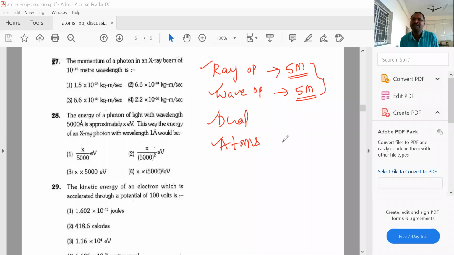So if you perfectly read these 2 chapters, definitely you will get a minimum of 10 marks, no doubt. Maximum is 8 marks each, so maximum 16 marks you can get if you read these 2 perfectly. However, this chapter has 3 marks weightage and this chapter 5 marks weightage. In total, if you read perfectly, you will get around 20 to 25 marks.